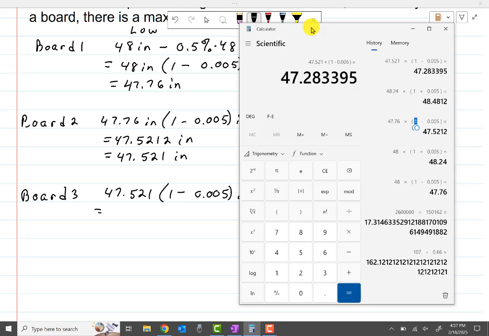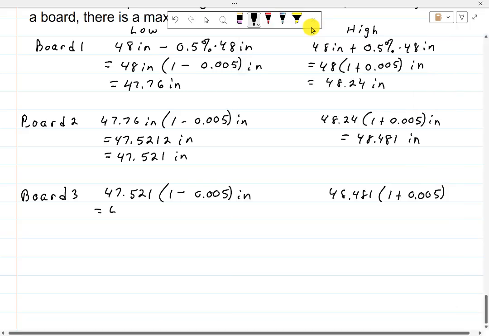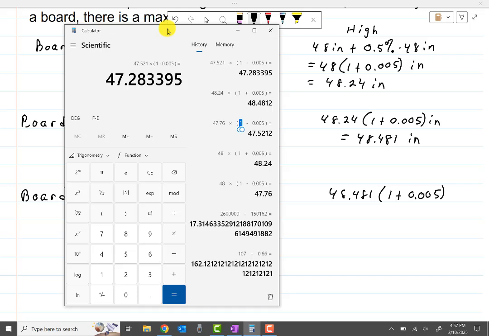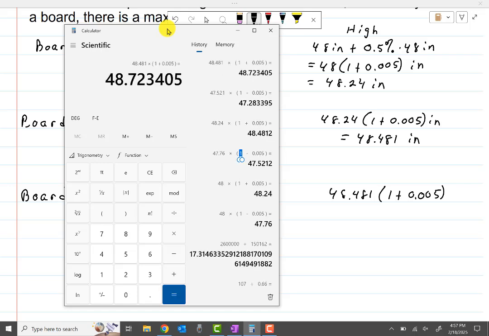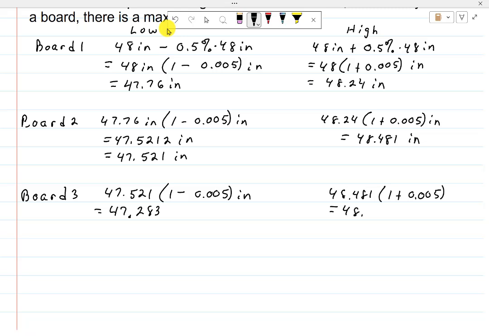And I'll do 3 decimal places, 47.283. And for the high estimate, we're going to have 48.481, start a parenthesis, 1 plus 0.005, end the parenthesis, enter. And it looks like I'm going to get 48.723. And that should be inches as well.